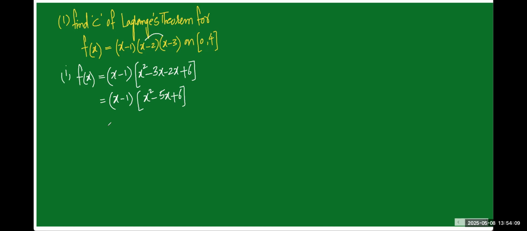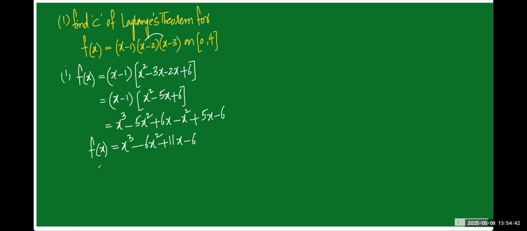Now one more time, if you multiply x into x, x cube minus 5x square plus 6x, minus x square plus 5x minus 6, and if you write in proper order, we get x cube, which is a polynomial, minus 6x square, plus 11x, and minus 6. This is our f of x value.